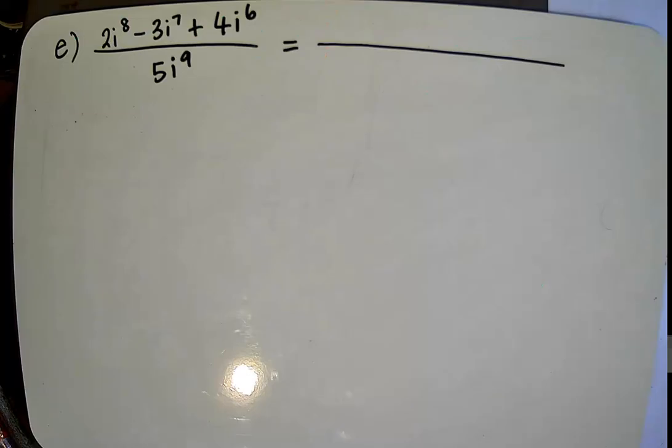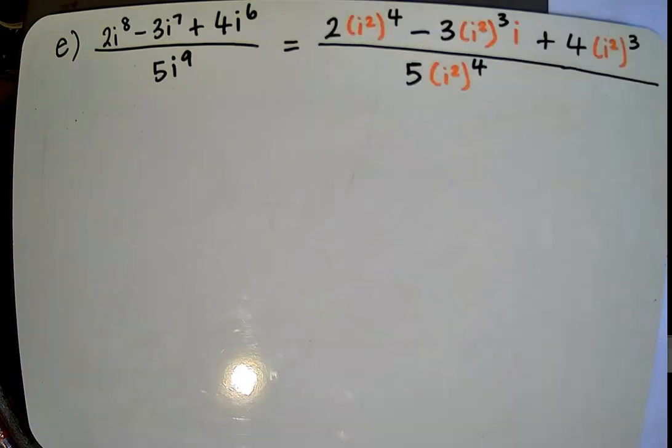For the next example, we can break it down into i squareds. So i to the 8 is i squared to the 4th. i to the 7 is i squared to the 3rd, which will give me 6, plus the 1 will give me 7. i squared to the 3rd will give me 6. i squared to the 4th will give me 8.